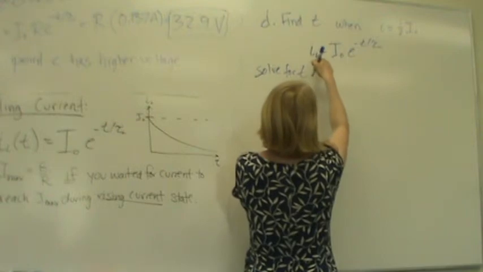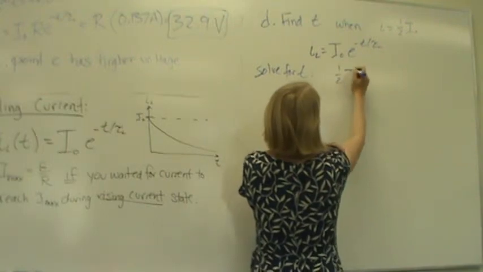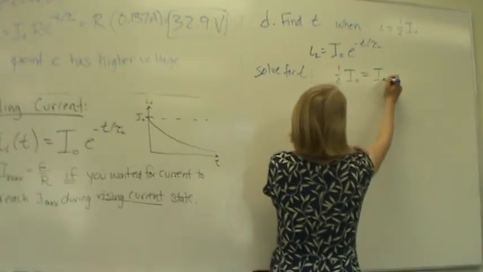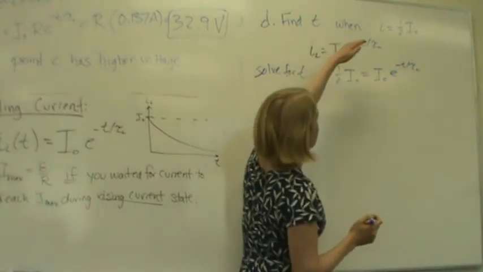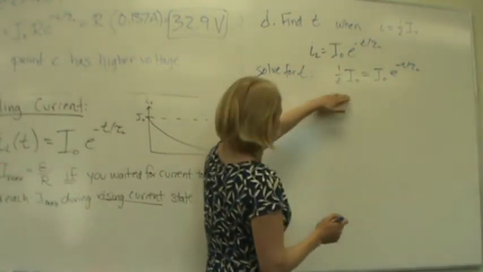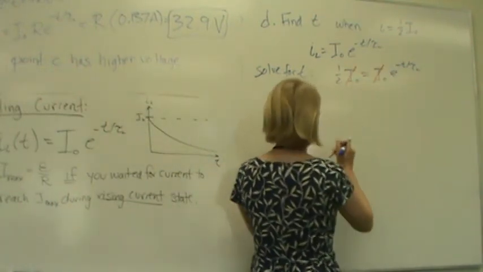Okay, so first I'm gonna plug in, doing what Hannah says, I wanna show a few steps here. For I sub L, I'm gonna put in 1/2 I naught equals I naught e to minus t over tau sub L, since that's the condition we're looking for. We have I naught on both sides, so that cancels.